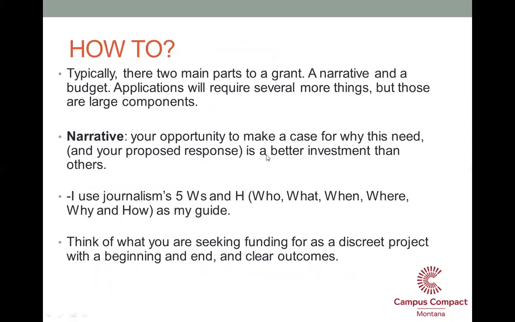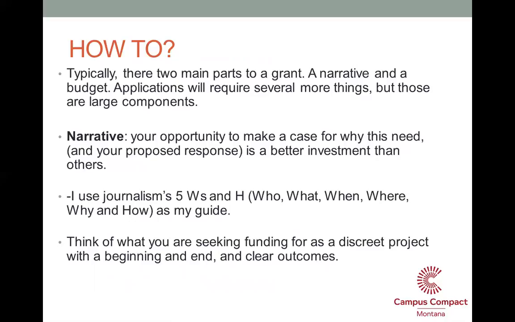Okay, so some how-tos. So I think of it as there are two main parts to a grant application. There's a narrative portion and a budget portion. An application is also going to take all kinds of other things that get attached with it.